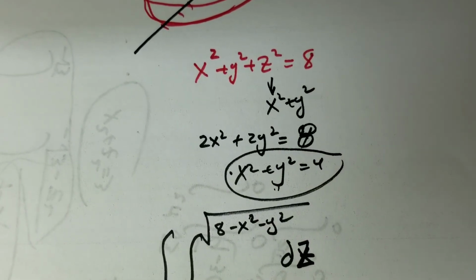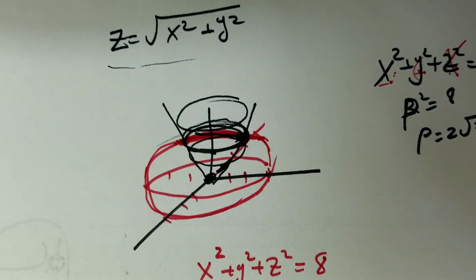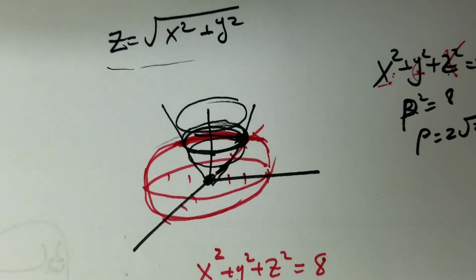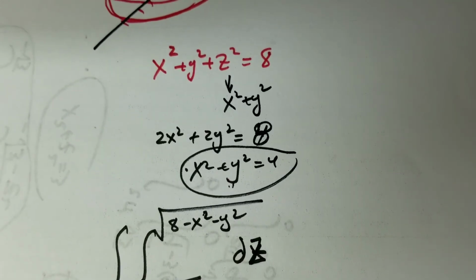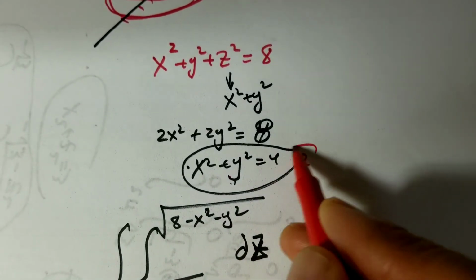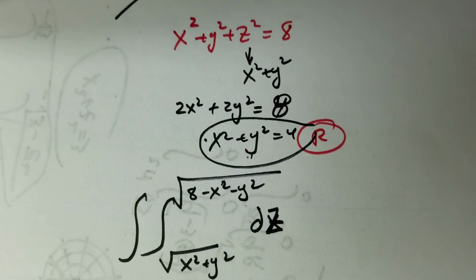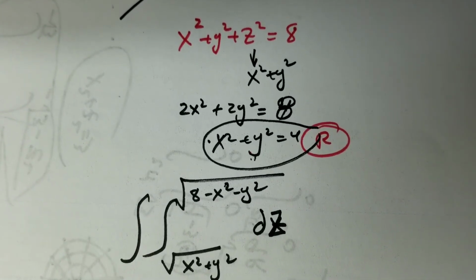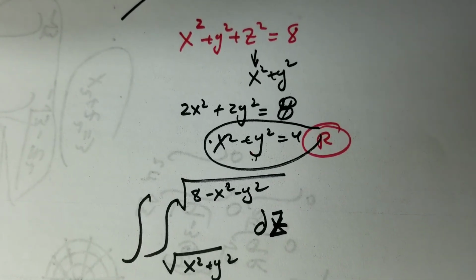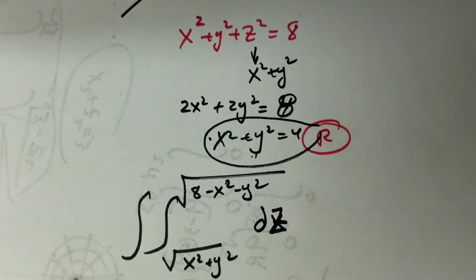Right now, I have to look at the projection of that region onto my xy plane. The projection is right here. That's your region, without the sphere, because you're talking about the region right now.